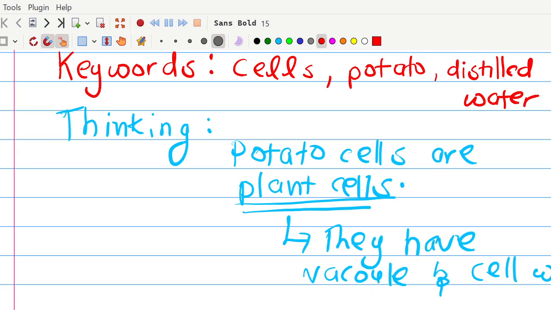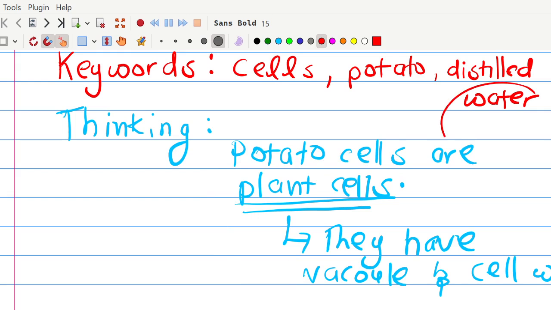An animal cell, if it has a vacuole, has a small and temporary one, and it doesn't have a cell wall. So the keyword potato tells me we are dealing with plant cells, and in my answer I'm probably going to have vacuole and cell wall.